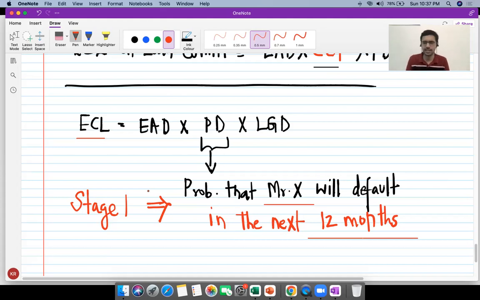IFRS 9 is not being highly punitive, but it's only asking entities to recognize a small amount of ECL. That is with regard to stage 1 exposures. As long as it is in stage 1, the PD will be 12 months PD, and therefore the ECL is going to be called the 12 months expected credit loss.